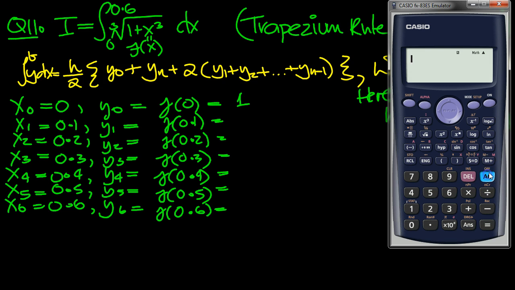Let's tap them in the calculator. So, what have we got then? The first one, 1 plus x cubed, to the power one third. So it's bracket 1 plus 0.1 to the power 3, close bracket, power, and then it's 1 divided by 3. That's the power of a third. Okay, so that's the first one then, 1.00033.